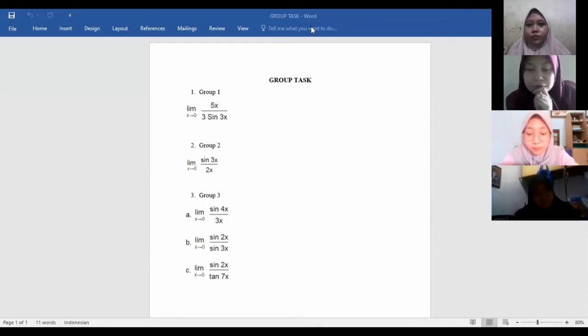Limit x to 0 of 5x divided by 3 sin 3x equals limit x to 0 of 5x divided by 3 sin 3x times 3x divided by 3x equals limit x to 0 of 3x divided by 3 sin 3x times 5x divided by 3x equals limit x to 0 of 1 divided by 3 times 3x divided by sin 3x times 5x divided by 3x equals 1 divided by 3 times 1 times 5 divided by 3 equals 5 divided by 9.